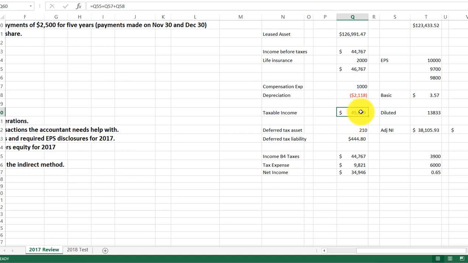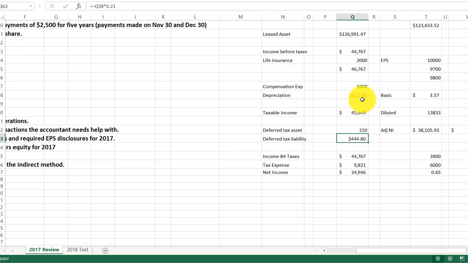And remember that then would be multiplied by 21% for the taxes payable journal entry, and then you have the tax asset for the compensation expense, the future deductible amount, and then you have the future taxable amount, depreciation, get 440. You take the 2118 times the 21%.